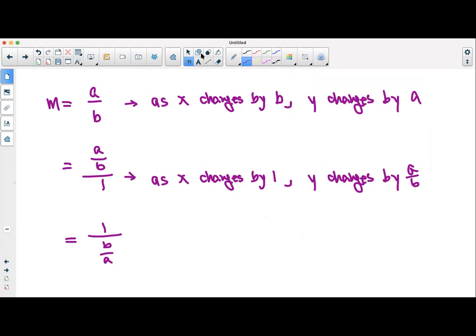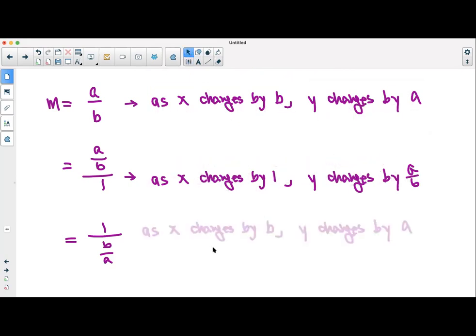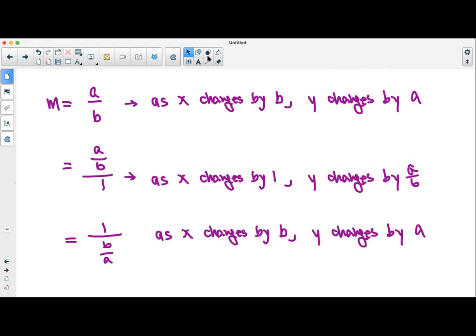Now, the third one is as y changes by 1, x changes by b over a, the reciprocal. So you should understand the slope in this way.